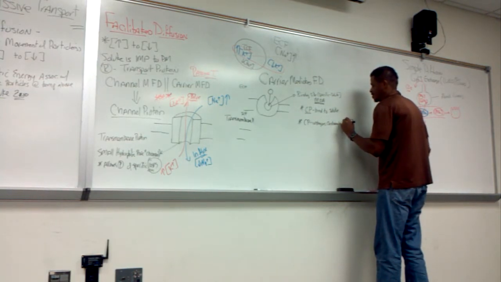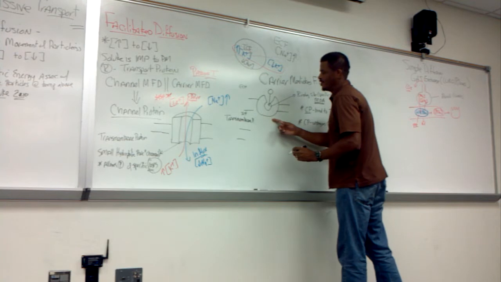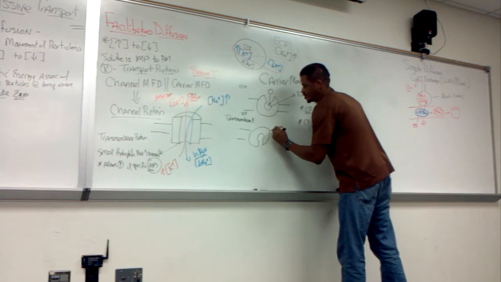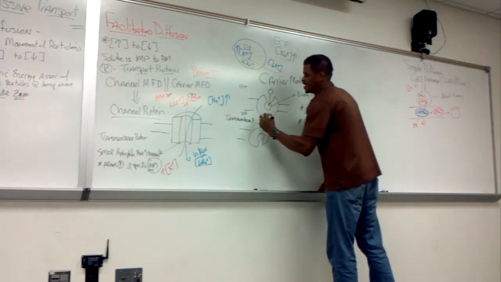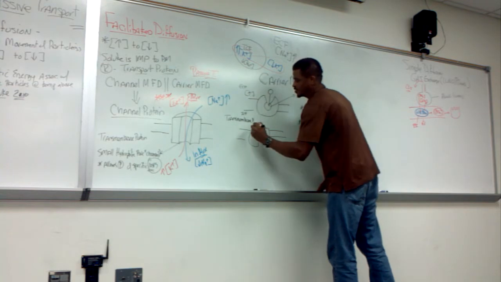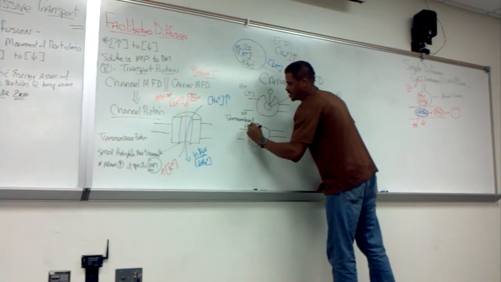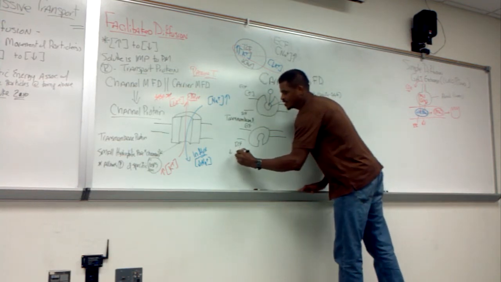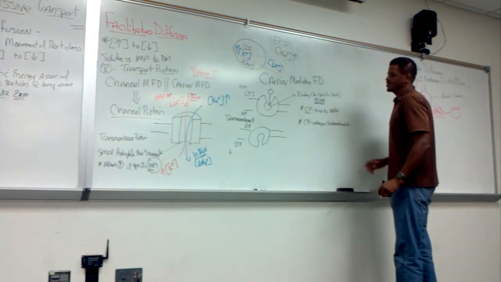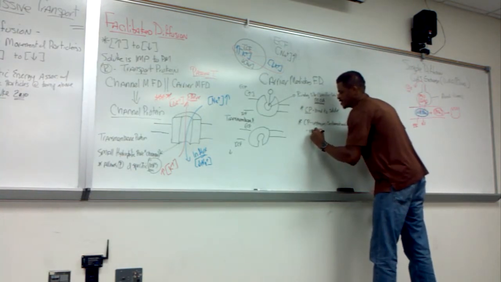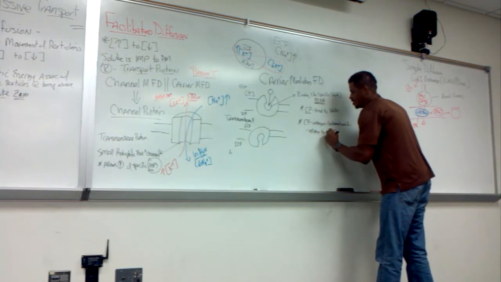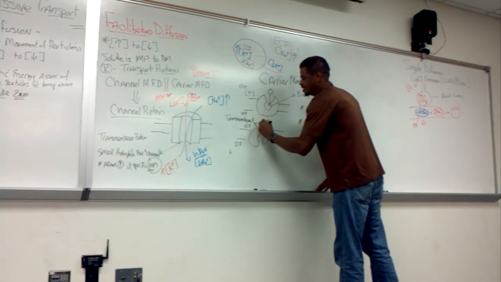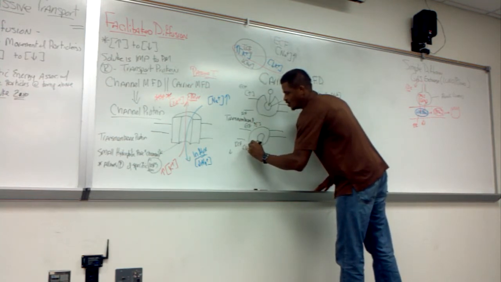And it goes from this orientation, where it flips, so to speak, from being exposed to the extracellular side, which is the high concentration side, to the intracellular side of the plasma membrane, which is the low concentration side. So we have a conformational change. It will then release the solute, so therefore transporting it from what? Higher concentration to lower concentration. So we release the solute.